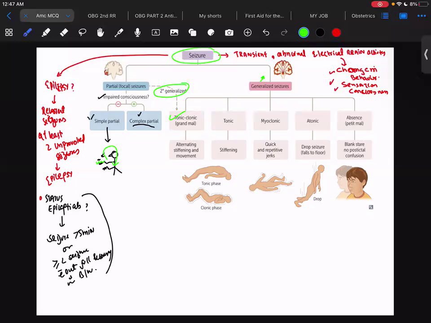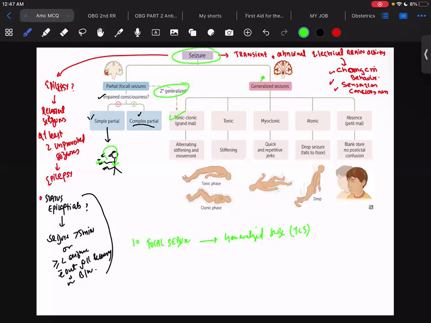So the first point is that focal seizure can be converted into generalized seizure, more importantly the tonic-clonic generalized seizure.